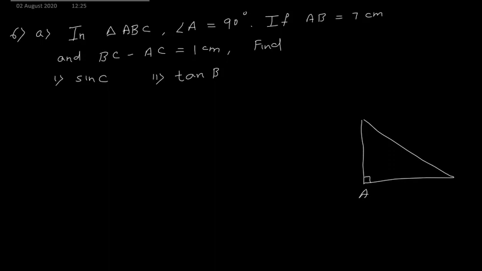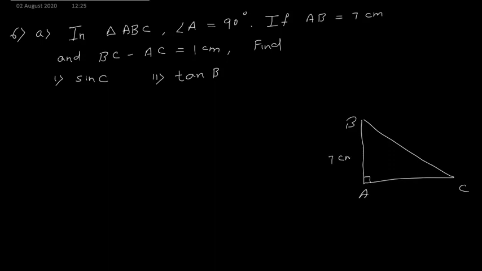AB is 7 and BC minus AC. Let us say this as B, this as C. Okay, so BC minus AC is given as 1 centimeter. AB is given as 7 centimeter.